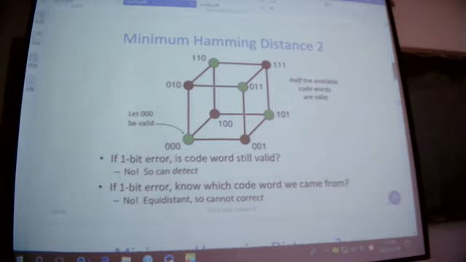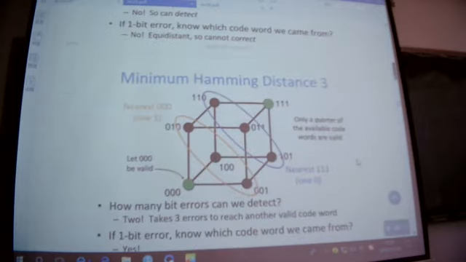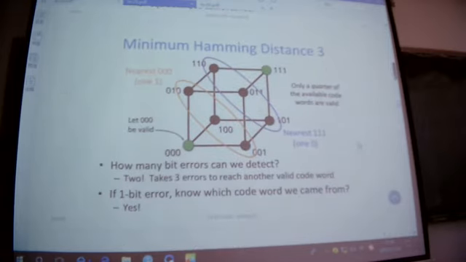Okay, we can see, if there is a 1-bit error, is the code word still valid? The answer is no, so we can detect. If there is a 1-bit error, do we know which code word we came from? The answer is no, so we can't correct. So there are some circumstances where we can't correct.